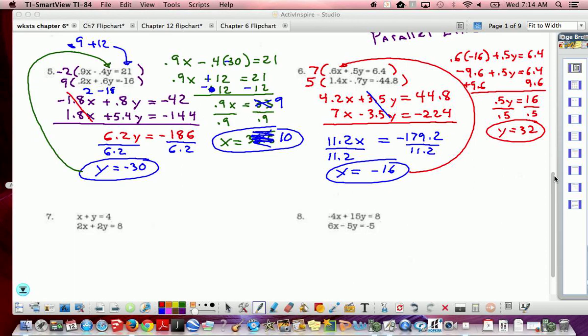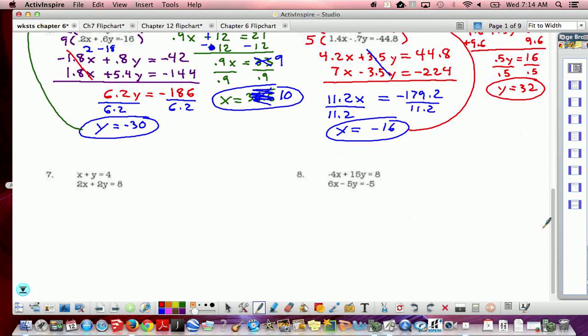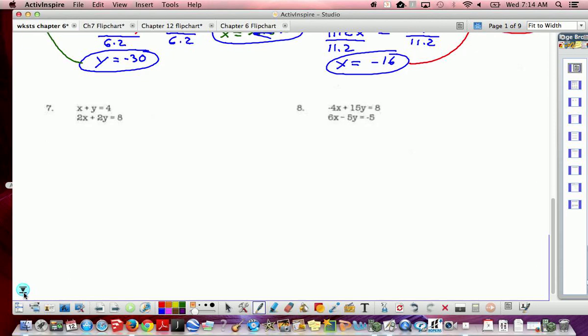All right, last two problems here. Number 7. When I look at number 7, right away I'm going to continue to do this elimination part. So I'm going to multiply this first equation by -2, so my x's cancel out. You're actually going to see something probably right away when you do that. Because when you combine both of these equations, look at what happens.